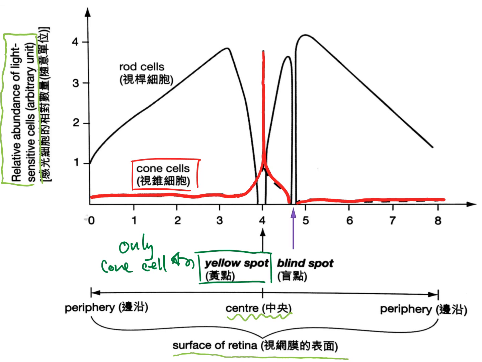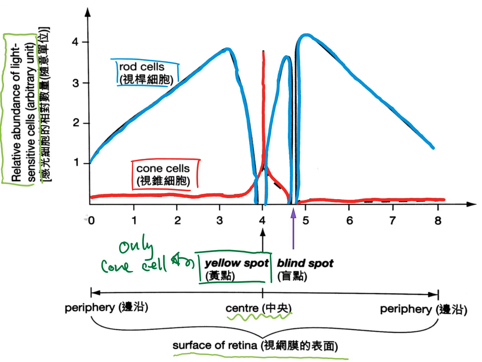And let's take a look at the graph for the rod cells in blue. You can find them having more amount in the periphery, and you cannot find any rod cells in the yellow spot. None.